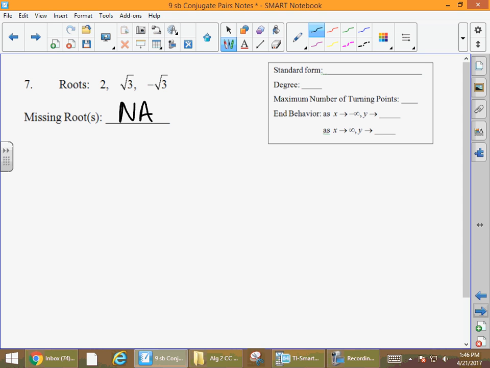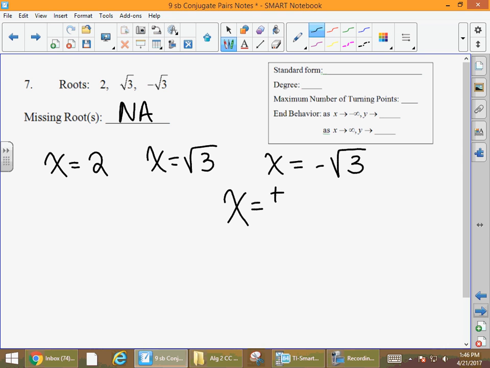So when we set this up, we've got x equals 2, and x equals the square root of 3, and x equals negative the square root of 3. We can use the shortcut on the radicals, which I'm going to do. You don't have to, but this means x equals plus or minus the square root of 3.